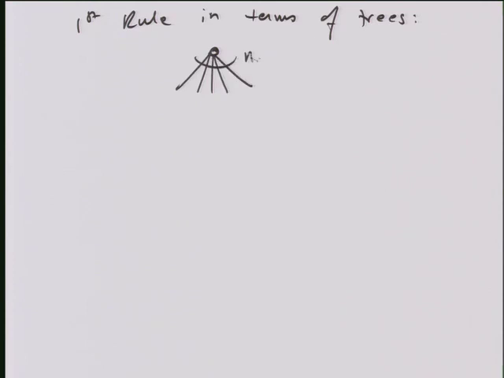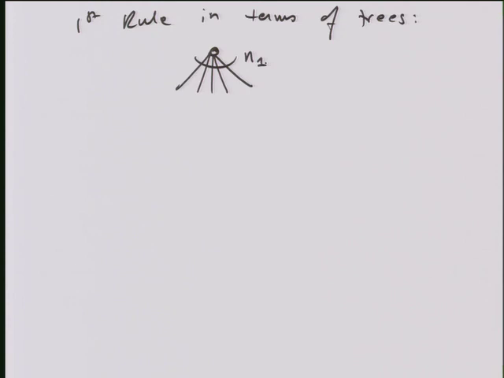Here's another way of saying it. This is the first rule in terms of trees. Okay, so here this is where we start from. And now we are trying to pick a path, but in our first step, we have n sub 1 choices. Okay?